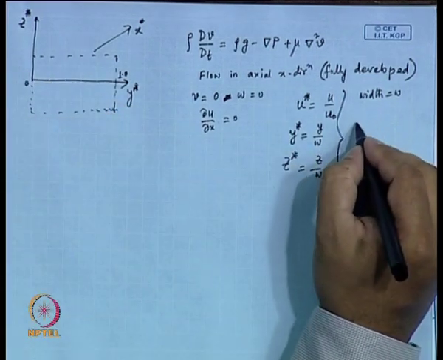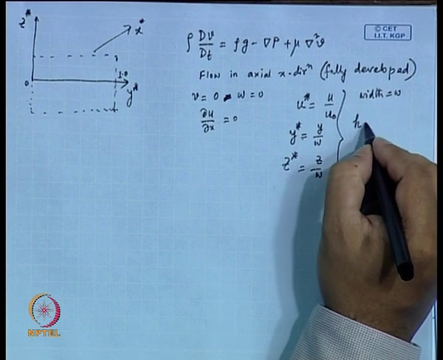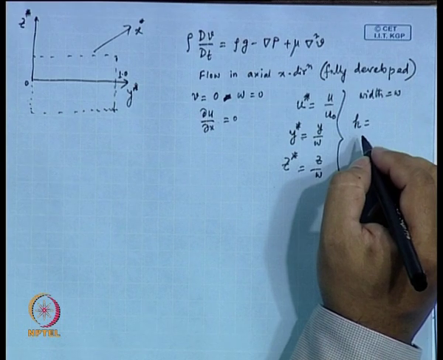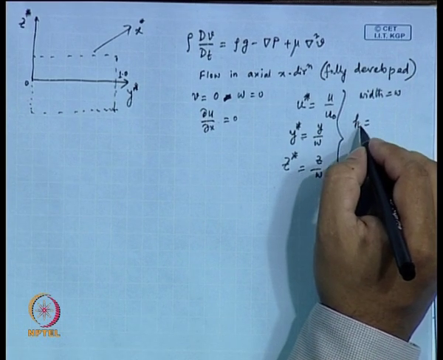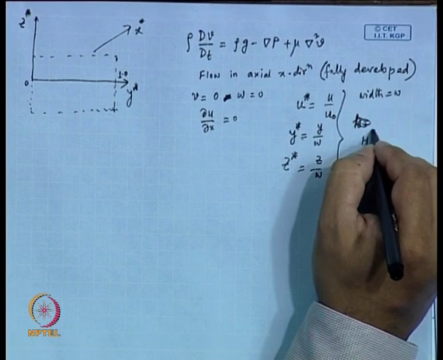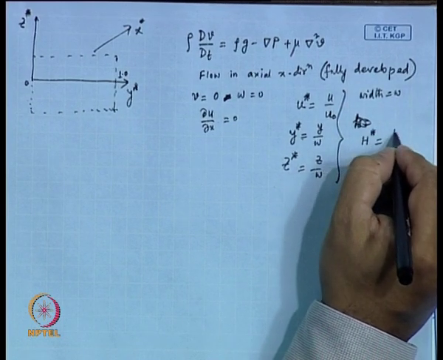If we write the height h as another dimensionless parameter, let us say h star is equal to h by w.